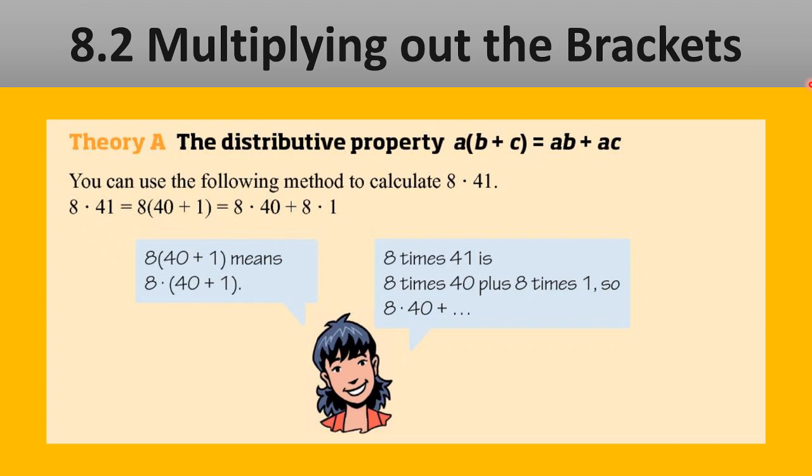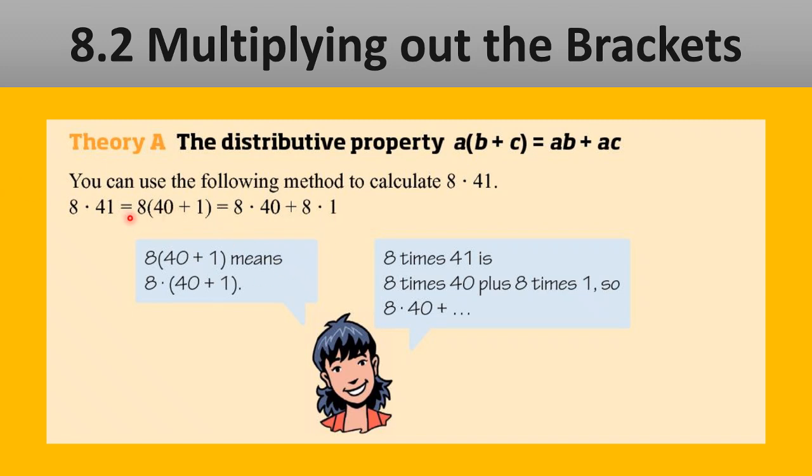The distributive property: a(b+c) is ab plus ac. This is so-called multiplying out the brackets. How does this work? We're going to start with using numbers. If you say 8 times 41, you can also say, well, that's the same as 8 times 40 plus 8 times 1, right?